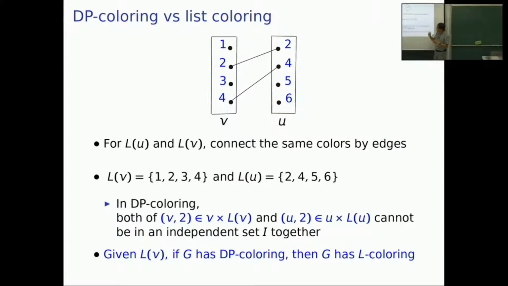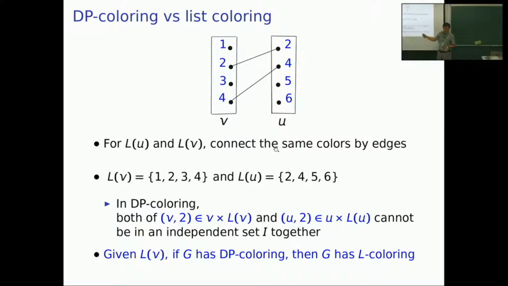Then it becomes list coloring. The reason is, in DP coloring, here 2 and 2 are connected, right? So when you're looking for an independent set, we cannot select both of them. We select at most 1, right?